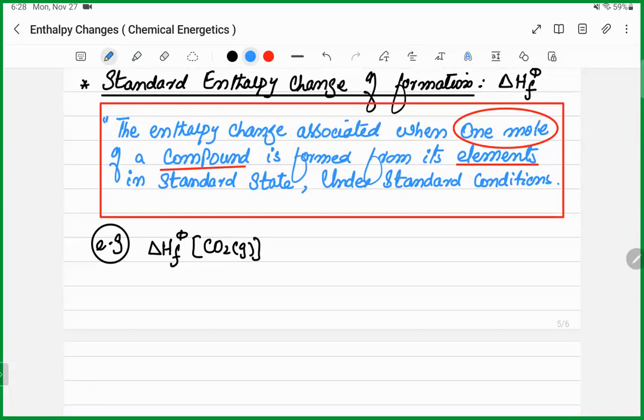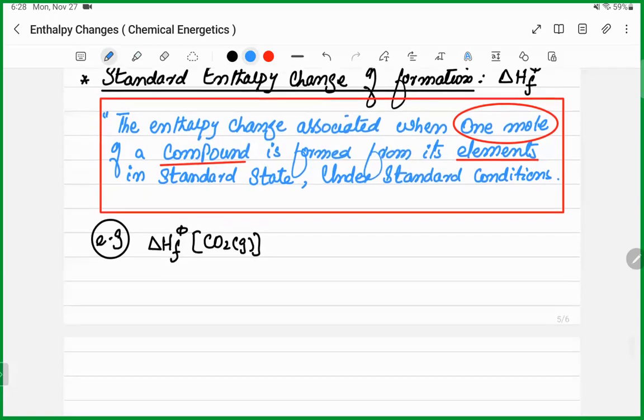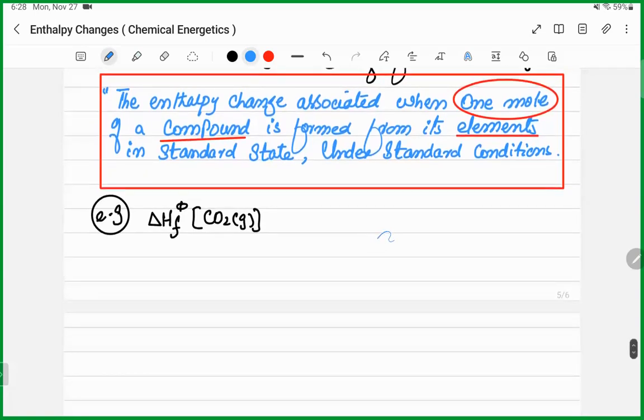This notation says delta H f, the standard enthalpy change of formation, ब्रैकेट में क्या लिखा है? कार्बन डाइऑक्साइड. Means you have to write down the equation for the formation of carbon dioxide gas. So it's very easy. Write down 1 mole of carbon dioxide gas on the product side. Make an arrow and write down the elements on the left hand side.